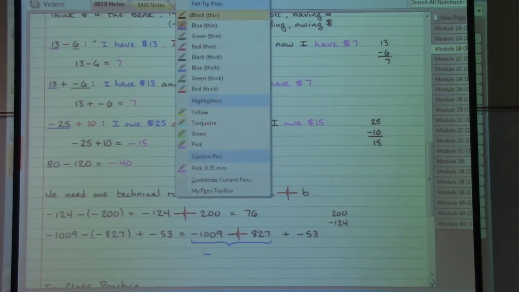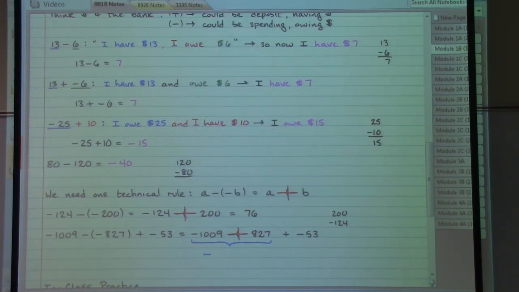And we can work off to the side. We have our 1,009. If we pay off 827, then what do we get? We're going to have 182.